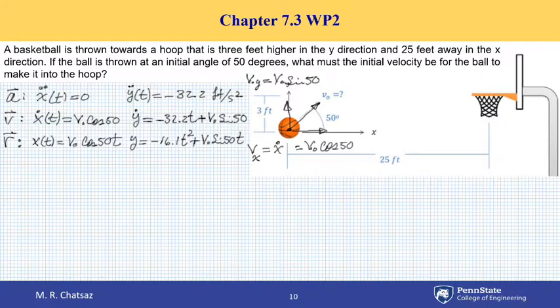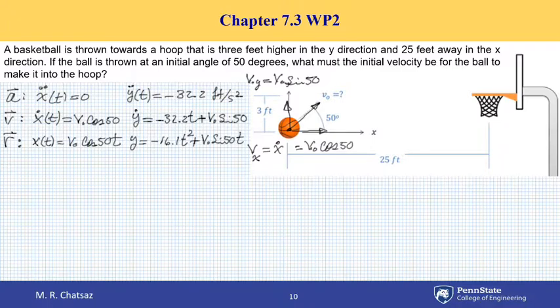So the question is, what should initial velocity v naught be? Observe that at this point I have the x equation in terms of t, which has two unknowns, v naught and t. I also have the y equation, for which y is 3 feet when it makes it into the hoop, and 3 is known.